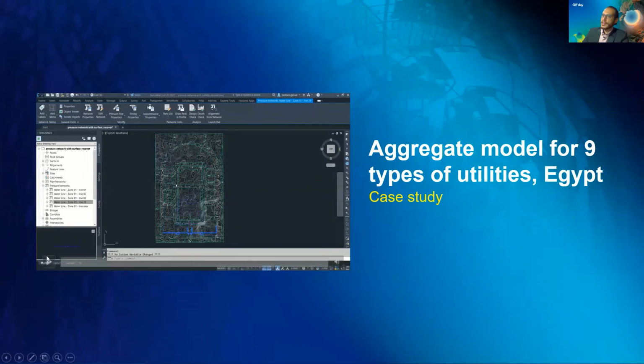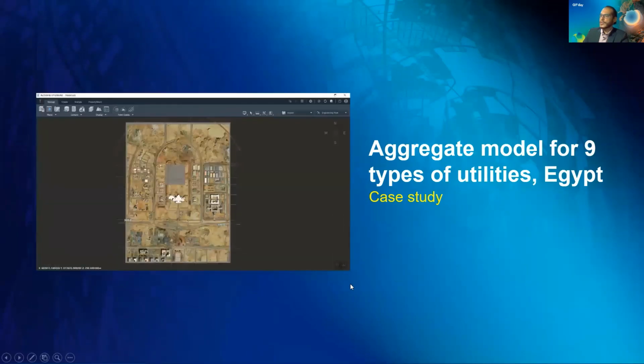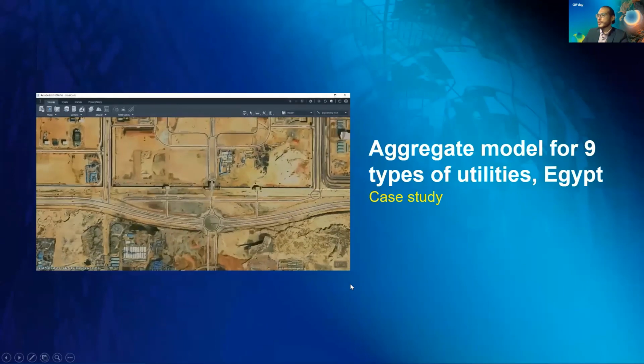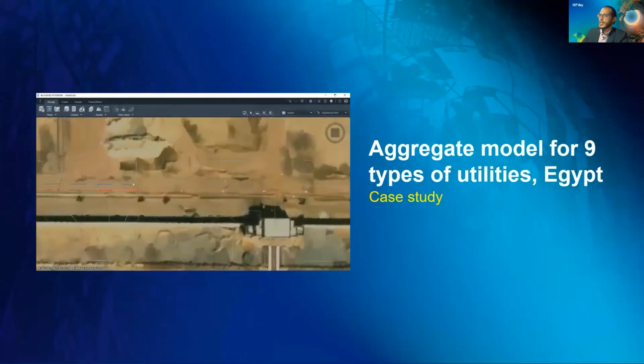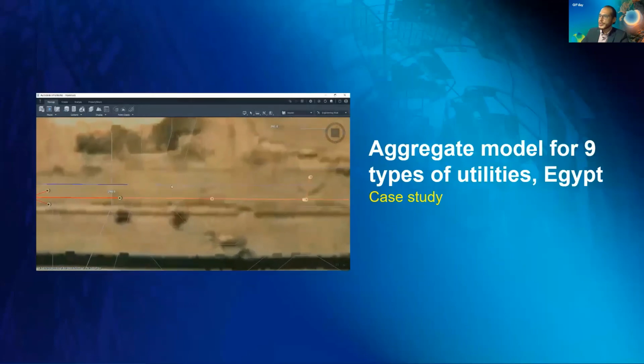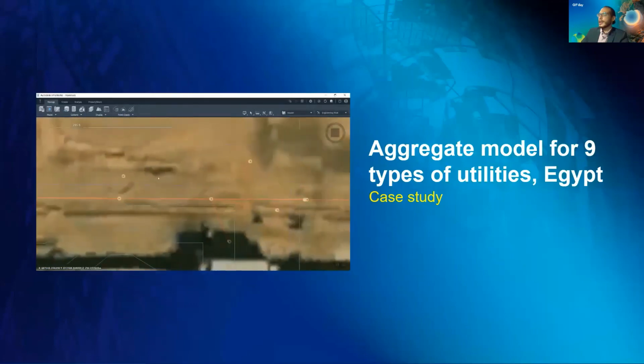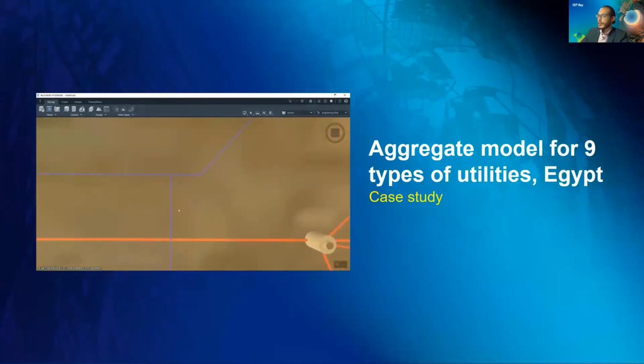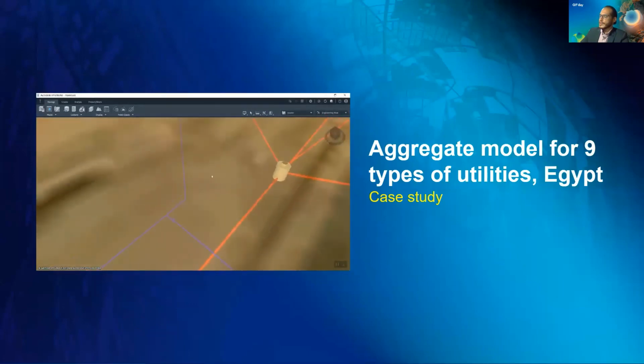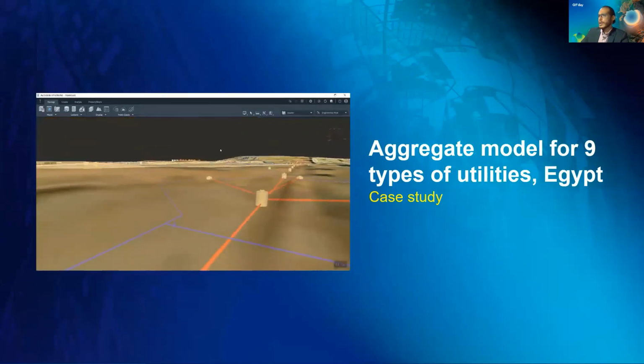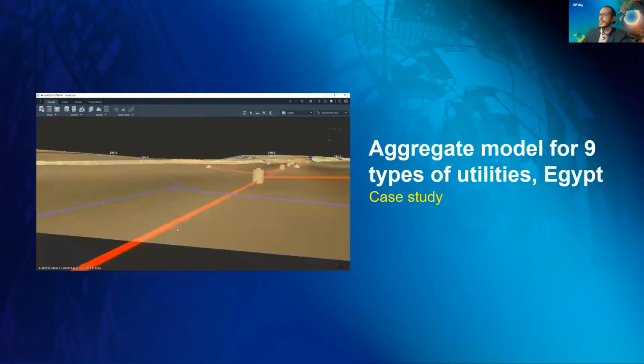Here we have a case study we developed in-house for 9 types of utility networks, including water, sewer, and firefighting, and 5 types of electrical networks.